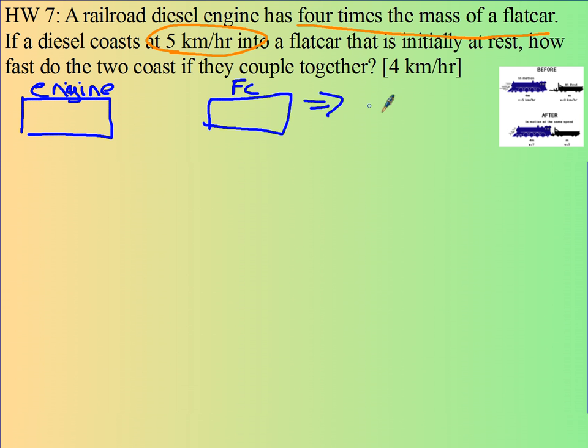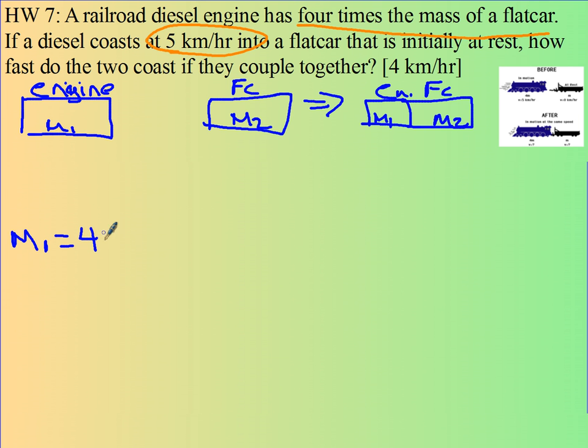There's going to be an impact, and then they get stuck together. So this is the engine, and this is a flat car. We're going to call the engine M1 and the flat car M2. Now, a railroad diesel engine has 4 times the mass of a flat car. So the mass of the engine, or mass 1, has 4 times the mass of the flat car.